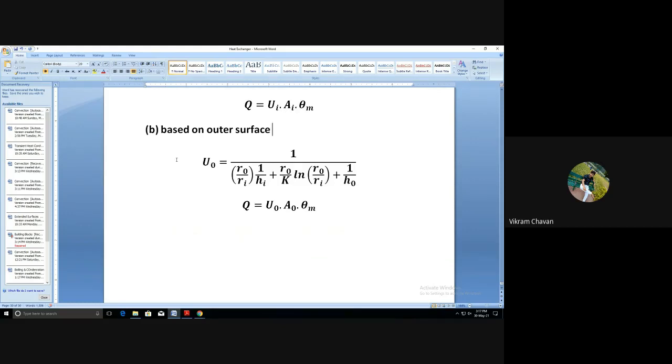And in this case, you have to calculate the heat transfer rate by using this formula, that is nothing but Q is equal to U naught multiplied by A naught multiplied by theta m.